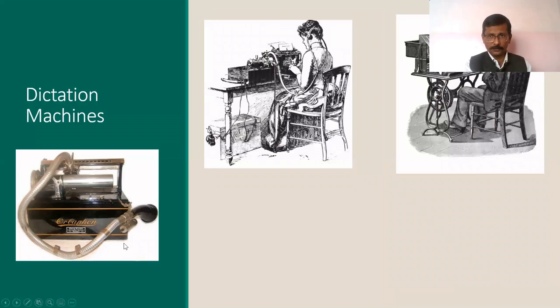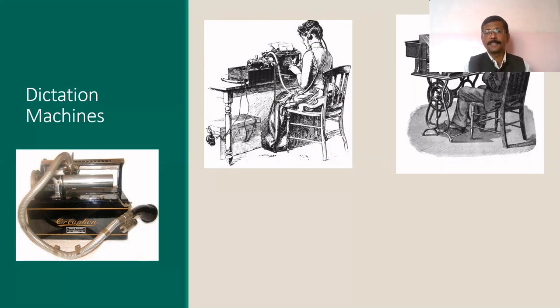Then these are the dictation machines. This was the next stage. You might have seen in films, and even in the office scenario, a boss has a secretary or a stenographer. When he comes to the office, he calls that stenographer or secretary, who is an expert in shorthand typing.